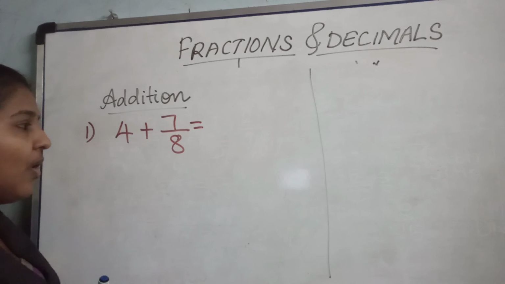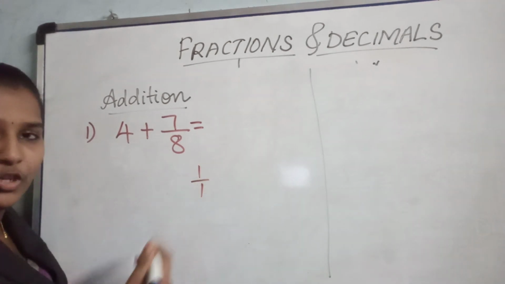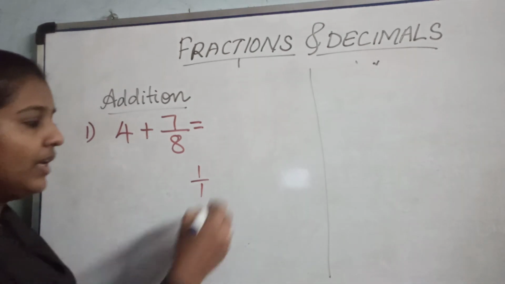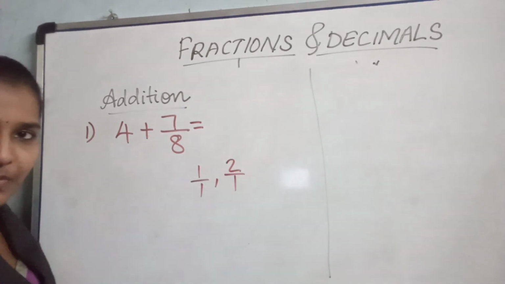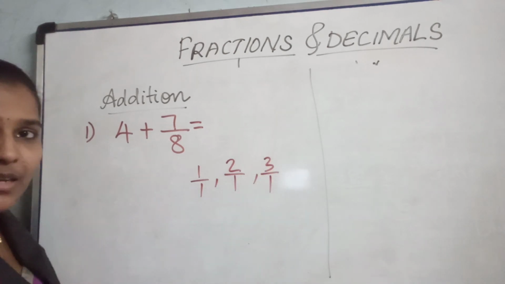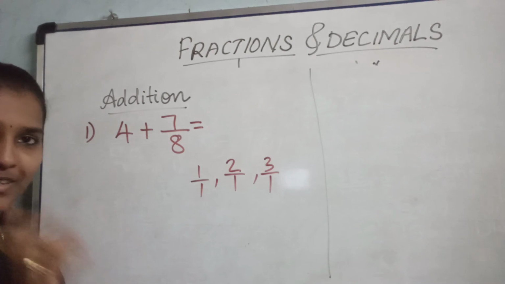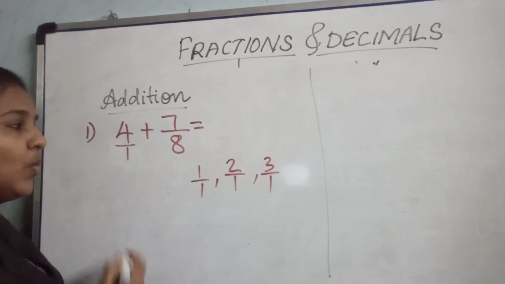Okay, so all the whole numbers, if we are taking 1, then there is the denominator 1. And if you are taking 2, it's understood that there is a denominator and that is 1. And if it is 3, then there is 3 by 1. Denominator is 1.